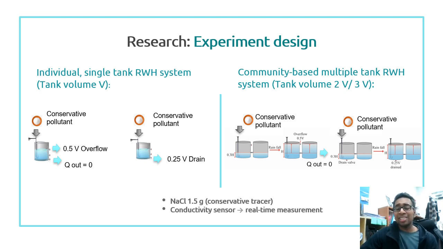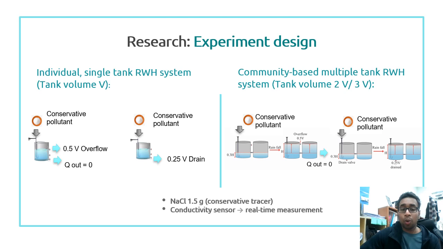And as for the drain function, we are going to drain only 0.25, that means 25% of the volume of the tank, and even less, like 12.5% of the tank, because when you're draining, you don't know whether the rainfall event is sufficient to fill the tank up to the top level. So because of it, we have to be conservative with the amount of water that we are going to drain.